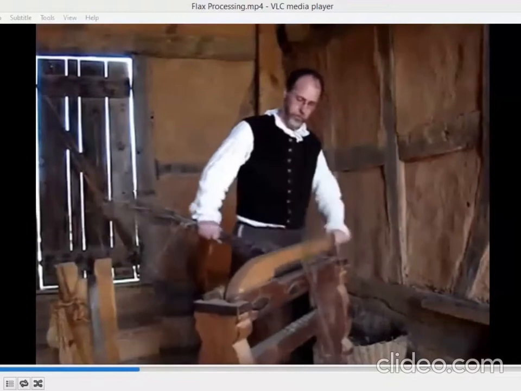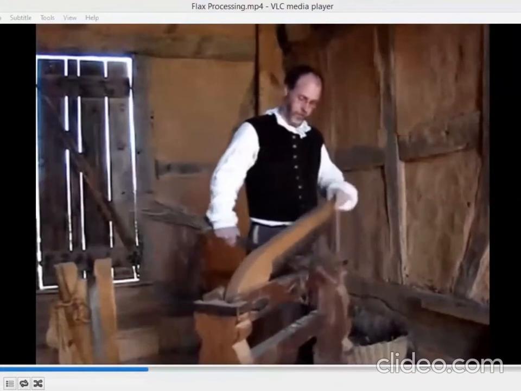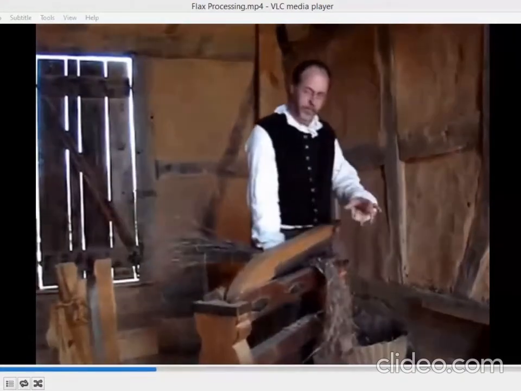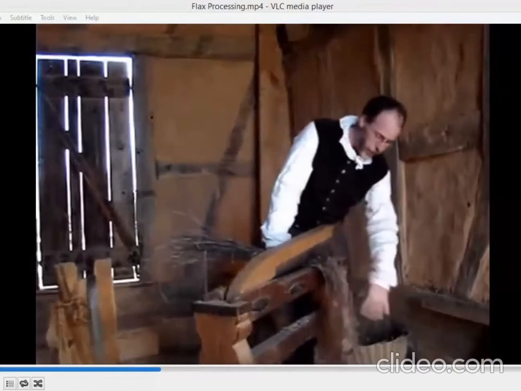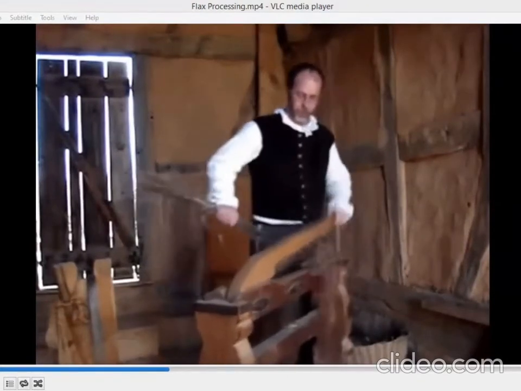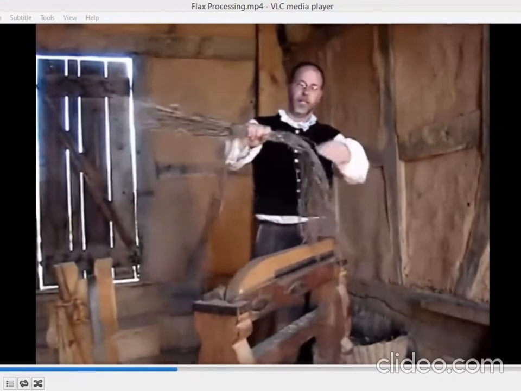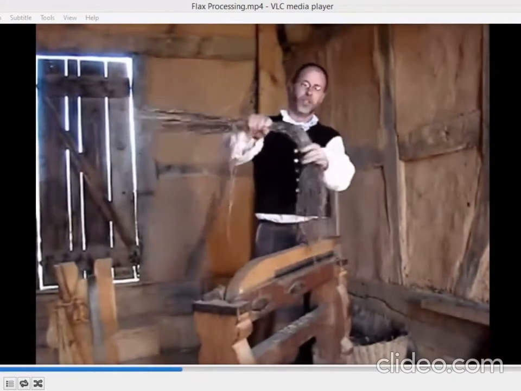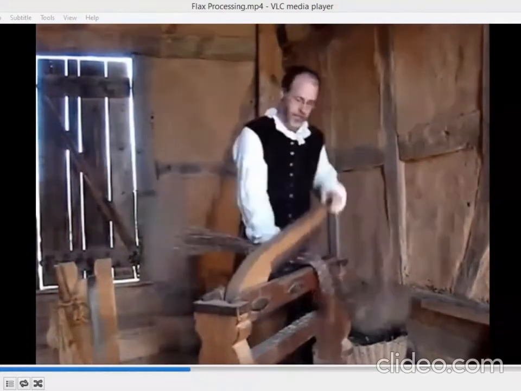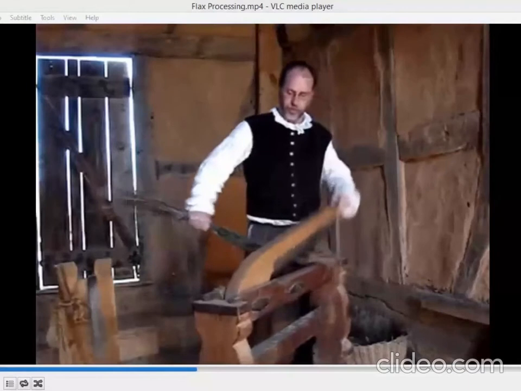And here we go. As I do this, it's breaking up the inside of the plant, and that's falling out in small pieces down below. It's just leaving the long fibers. They are tough and strong, and they will stand up to all of this beating and stay nice and long.